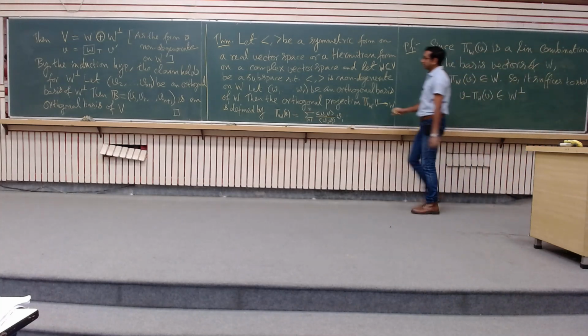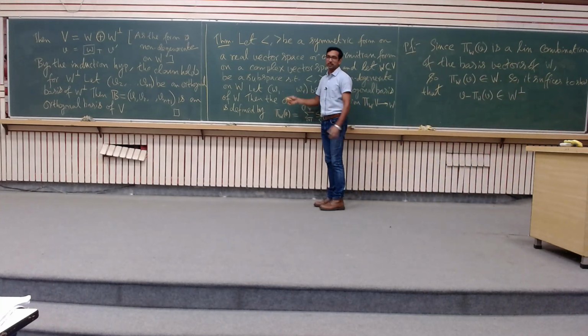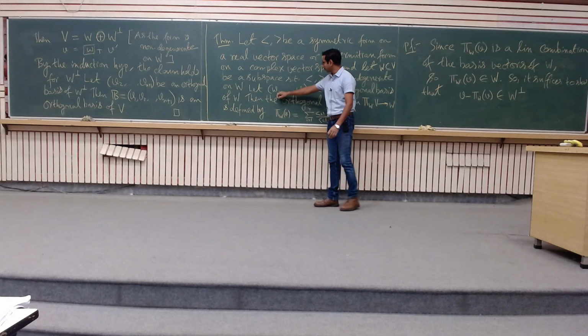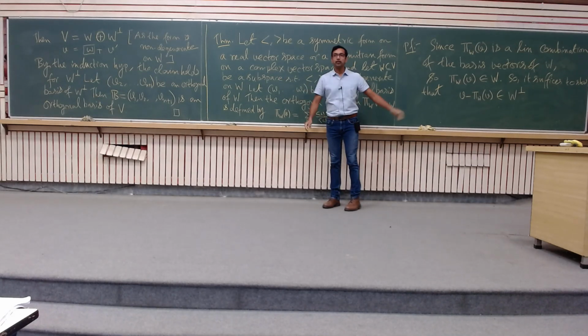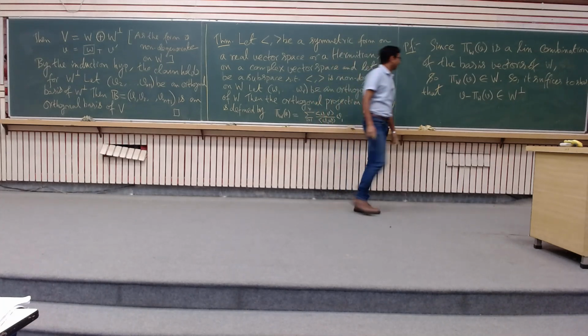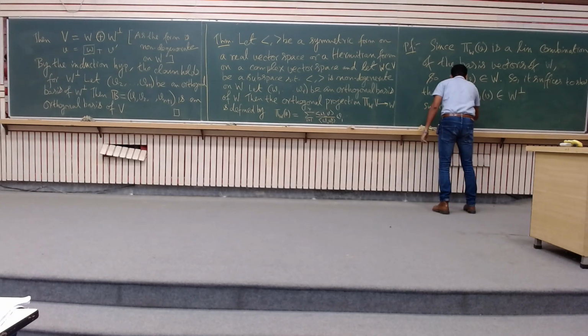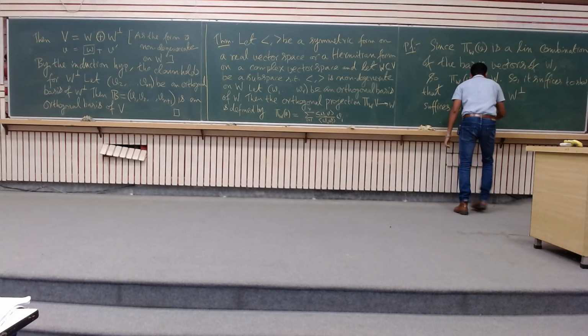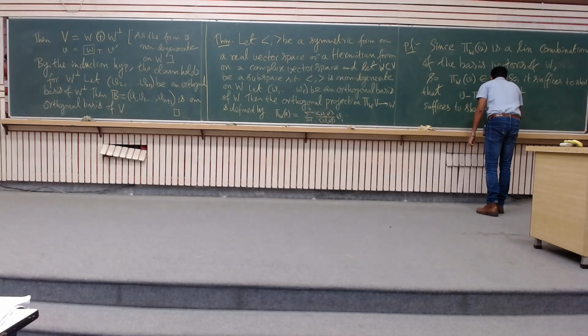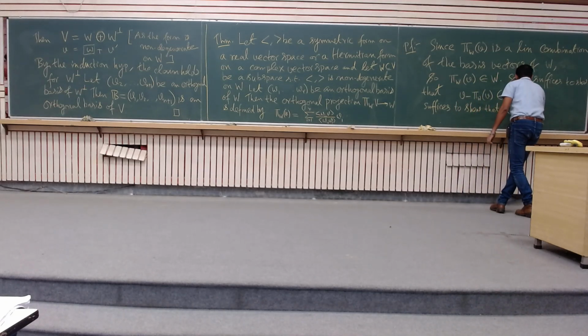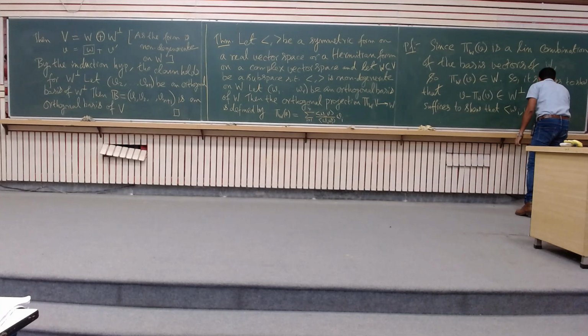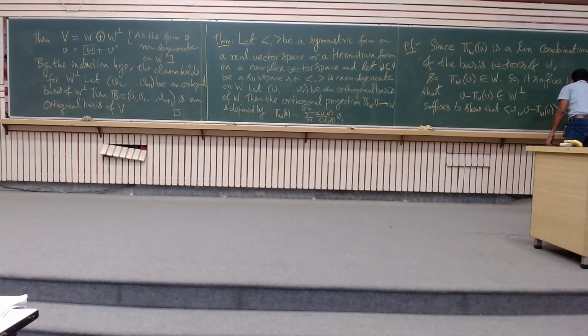We take the form, not inner product, since here we are not given the form to be an inner product, but we can put in the arguments the wi's, and in the other one v minus pi_W(v). It suffices to show that the form of wi with v minus pi_W(v) is equal to 0 for all i.